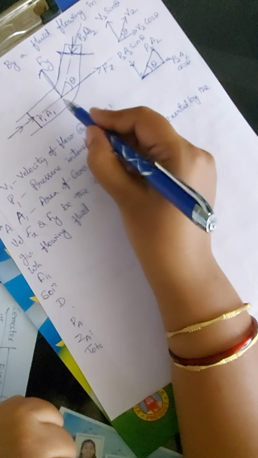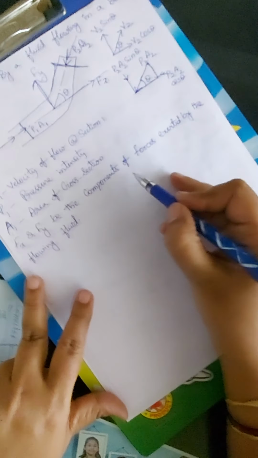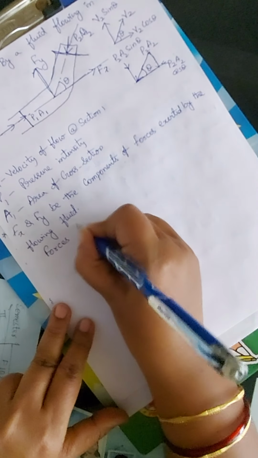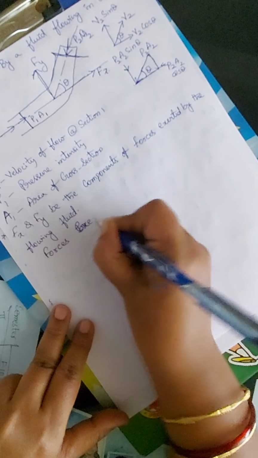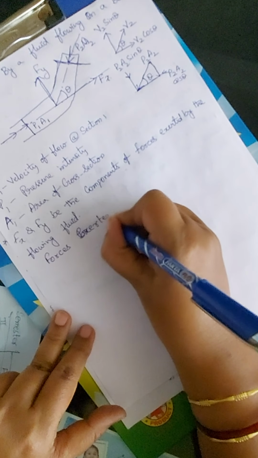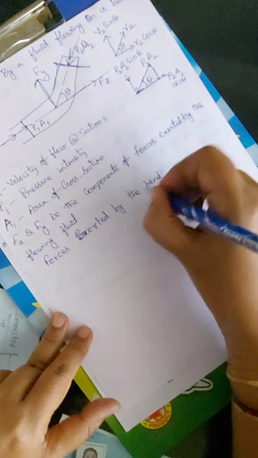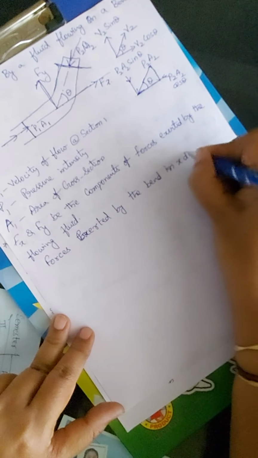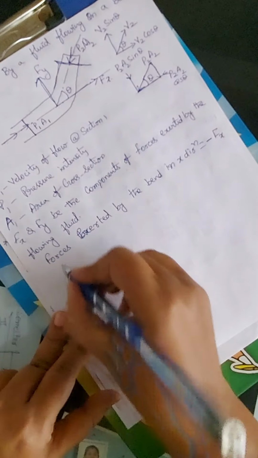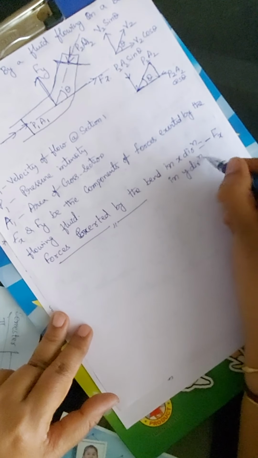So this bend will exert some force. Fx is the force exerted by the flowing fluid, whereas the force exerted by the bend in x direction is minus Fx, and in y direction it is minus Fy.